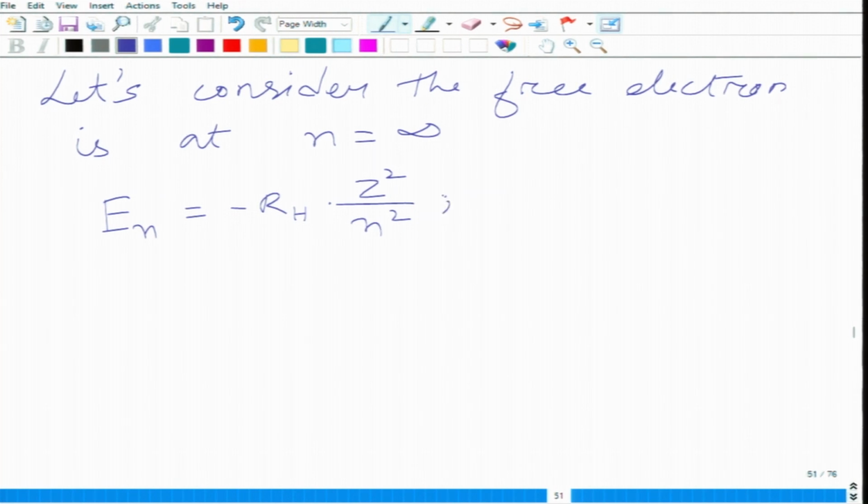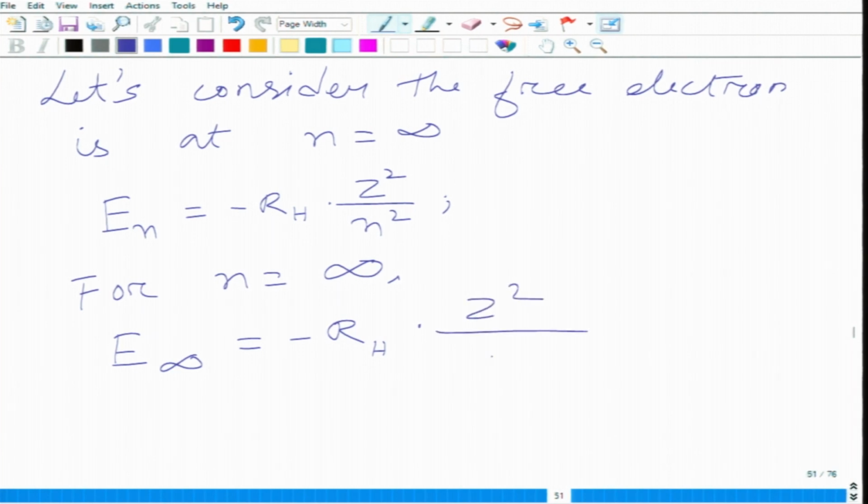So, for n equal to infinity, E infinity can be written as minus RH into z squared by infinity, right? If n equal to infinity, then this term will be infinity. Now, if the denominator is infinity, then E infinity will be equal to 0.